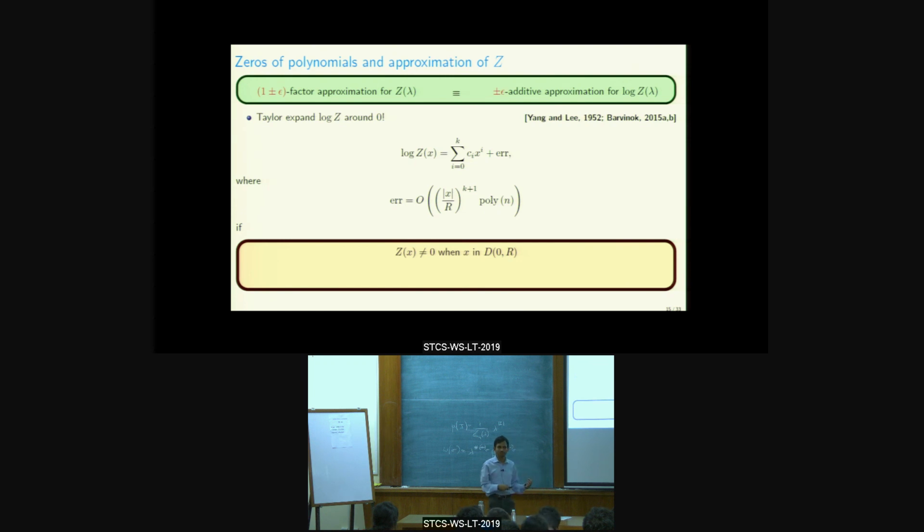Capital R is the radius of convergence of the Taylor series. This is basically the radius of the disk around 0 in which log Z is analytic. And this can be written in several ways. So log Z is analytic in a particular disk if and only if the partition function can be shown to be non-zero in the same disk.